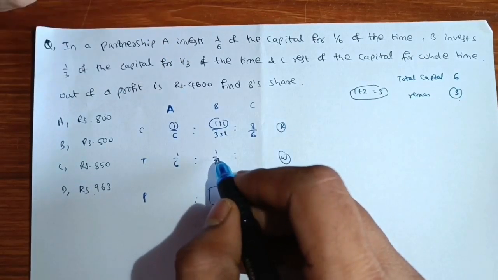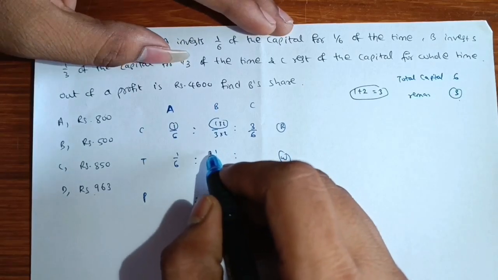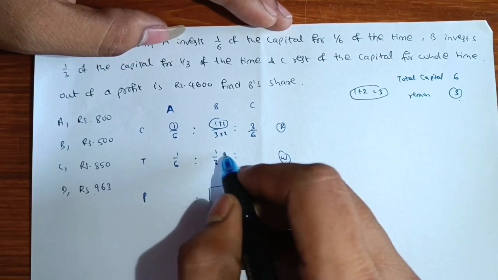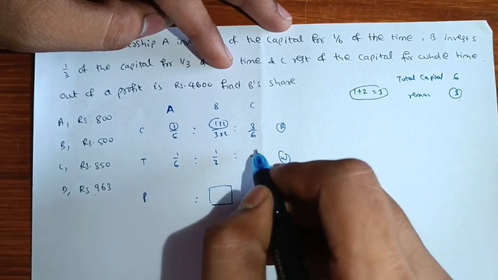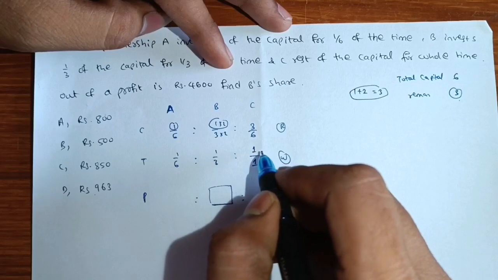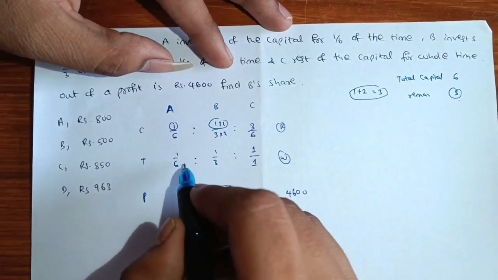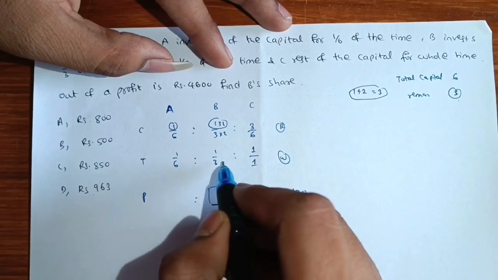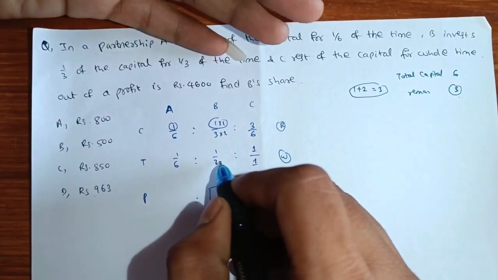So if the whole time is 3, in that whole time it is going to invest to the time period of 1. So for the whole time of 1, the C is going to invest by the complete time 1 by 1 only.